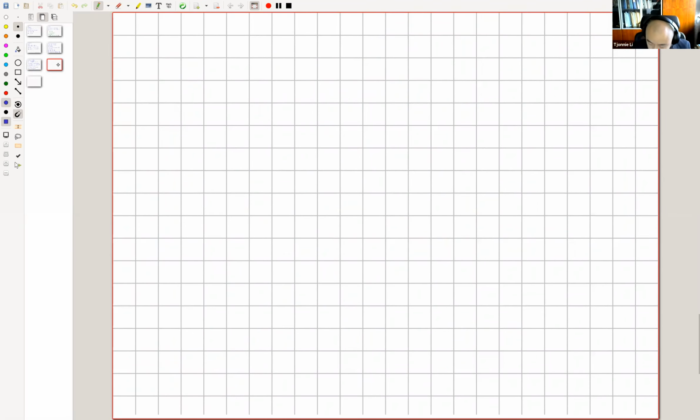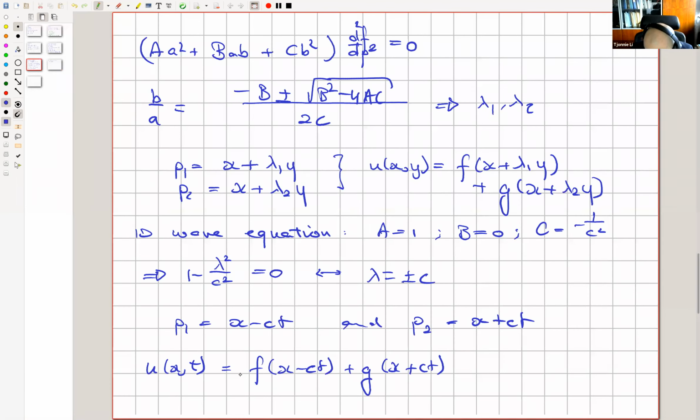And so what we can see is that this has solutions. In this case here, we have that same value for f, because x minus ct is a particular constant, right? In this case here, I just consider f, and x minus ct is a particular constant, so that f is just the same function.